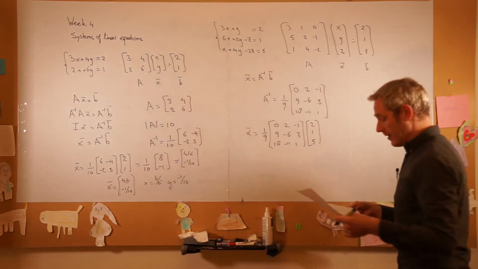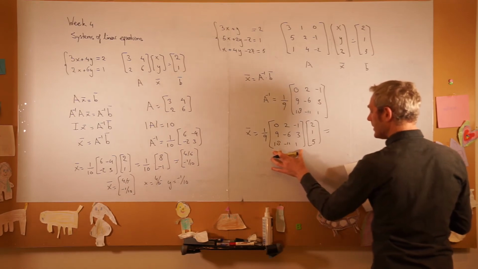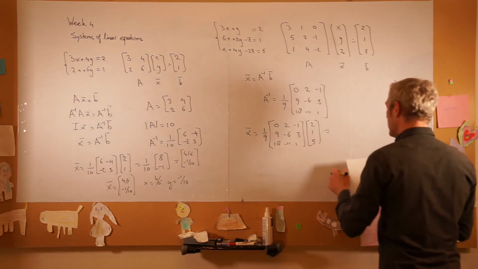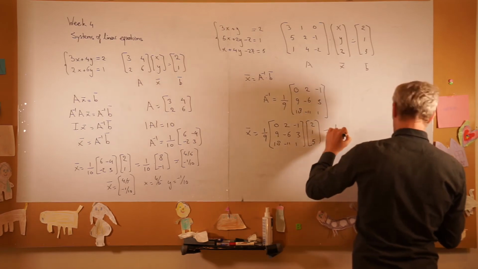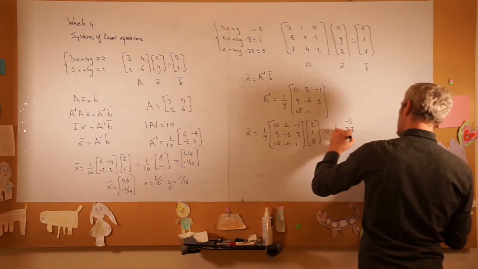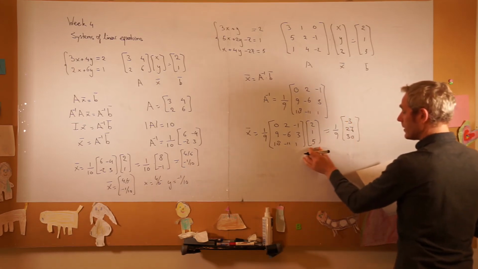And we can multiply this out again. Again, I like to multiply this matrix by this vector and leave that 1 over 9 to a later moment. So this is 1 over 9 times [-3; 27; 30]. So this vector is the multiplication of this matrix with this vector.